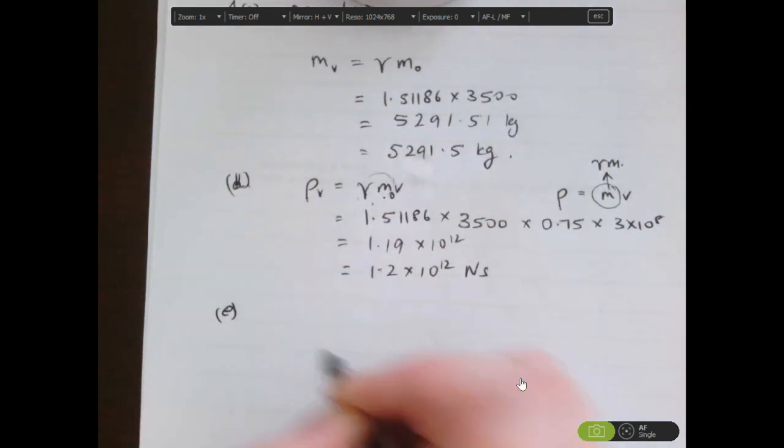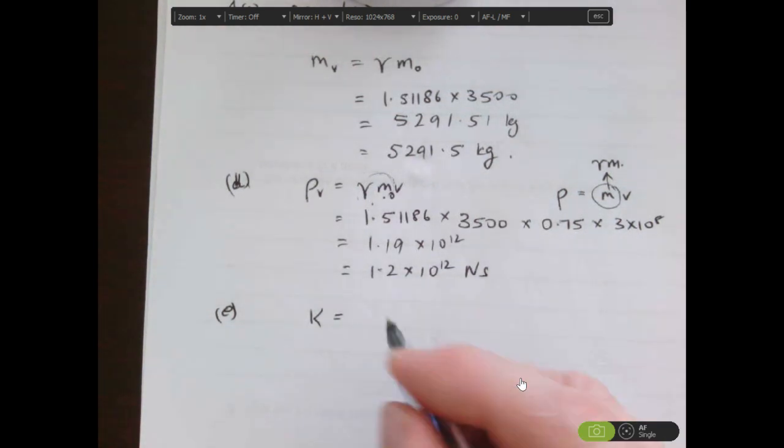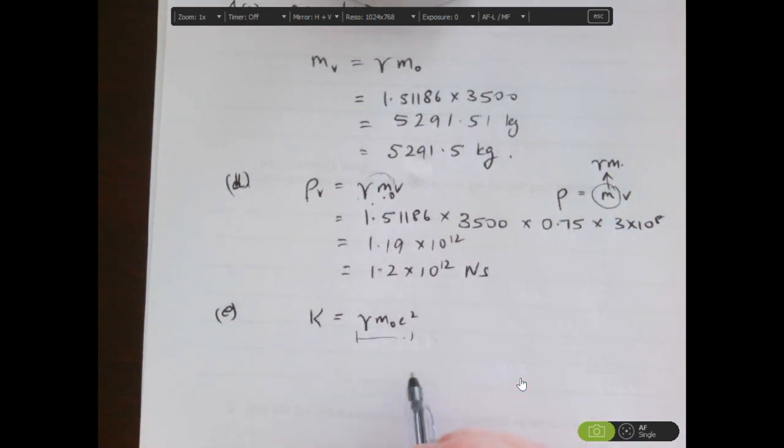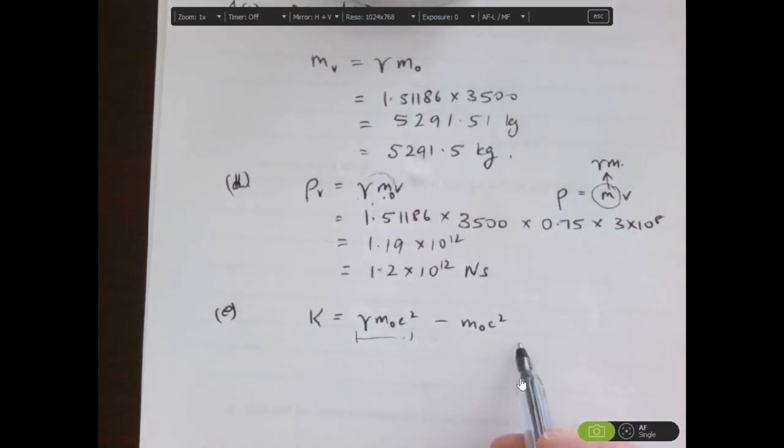This would be E. For E, we're asked to find the kinetic energy. So for the kinetic energy, there are two formulas you could use. It's gamma m naught c squared, which is the energy equivalency of the mass in motion, minus its rest mass energy, which is this one.